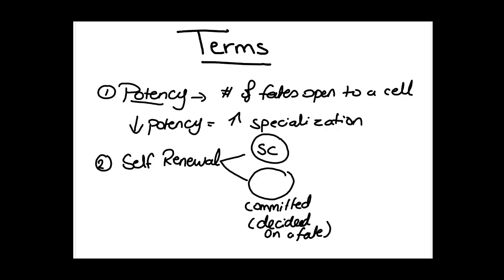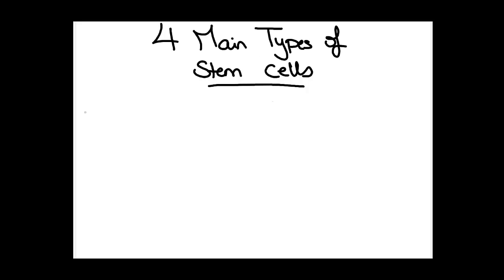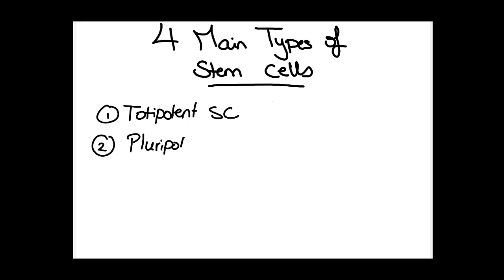Now, we're going to talk about the main types of stem cells. There are four main types of stem cells. The first one is a totipotent stem cell. A totipotent stem cell can develop into any form of cell in the body. The second is a pluripotent stem cell.